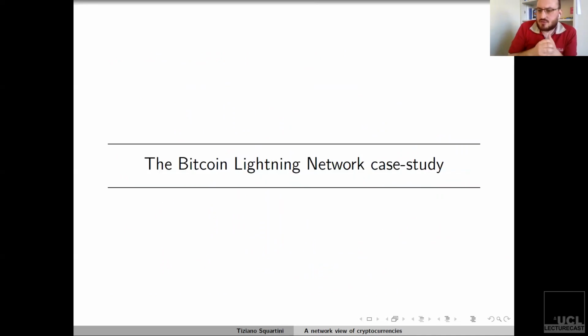Okay, I would like to skip this and move to the Bitcoin Lightning Network, which is defined as a second layer network or second protocol of Bitcoin, that has been developed to try to overcome one of the limitations of Bitcoin, which is scalability.